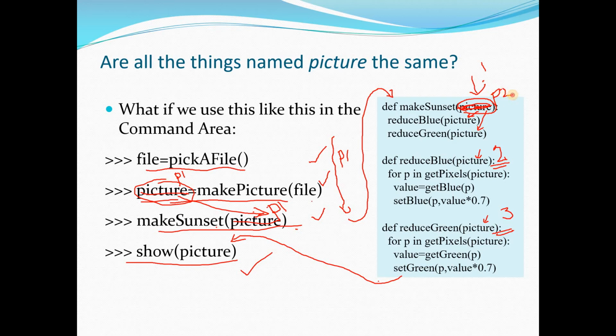P2. And similarly, you can have other variables also. Let's say you define another one over here. So this one will be P2 because you define it. P2, P2. Here you define another variable, P3. Here in this function you define another variable, P4.